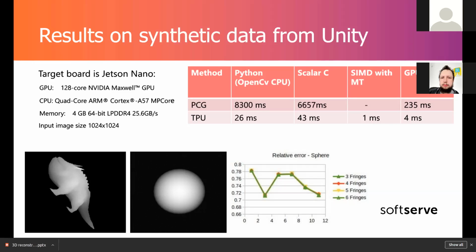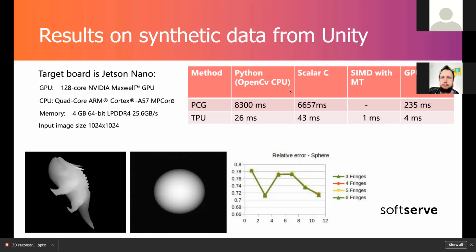I think it's because the Nano doesn't have a separate memory for the GPU. It's shared memory, so it's all about memory synchronization and copying. The Fourier-based BCG algorithm shows not terrible but expected slower results.